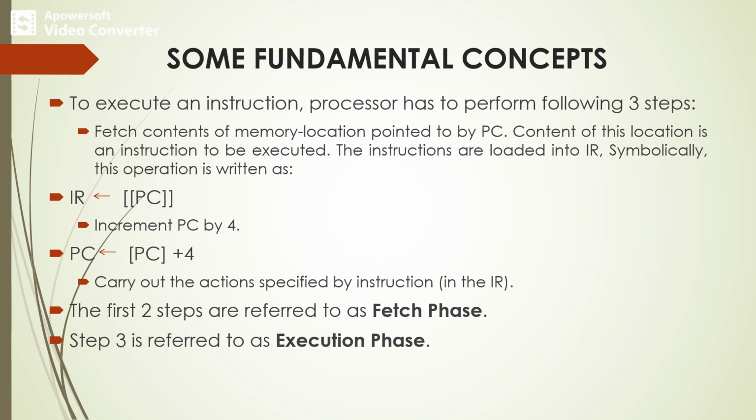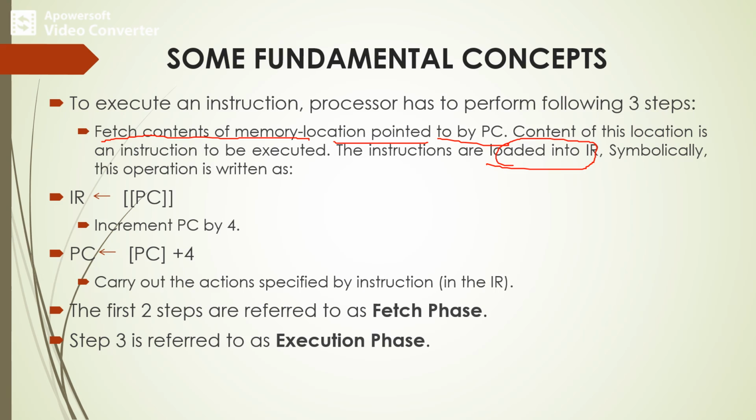Initially, the processor needs to fetch the contents of the memory location pointed to by the program counter or PC. The content of this location is an instruction to be executed. The instruction is loaded into the instruction register.